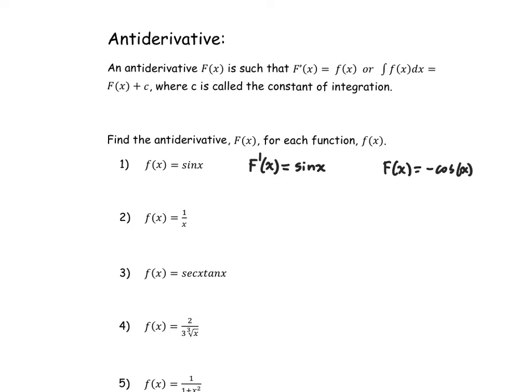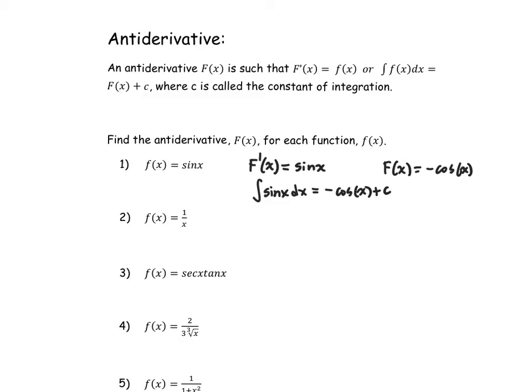So is the derivative of negative cosine of x equal to positive sine of x? Yes. Therefore, the antiderivative or integral of sine of x with respect to x would equal negative cosine of x plus some constant c.